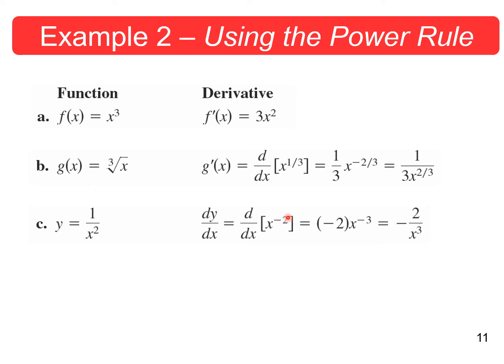So you copy the exponent, you have negative 2, and then you subtract 1 from the exponent. So that is the exponent of the derivative. You have negative 2 minus 1 is negative 3. And since we have a negative exponent, we can bring this down, put this in the denominator to make the exponent positive. So this expression is equal to negative 2 over x cubed.